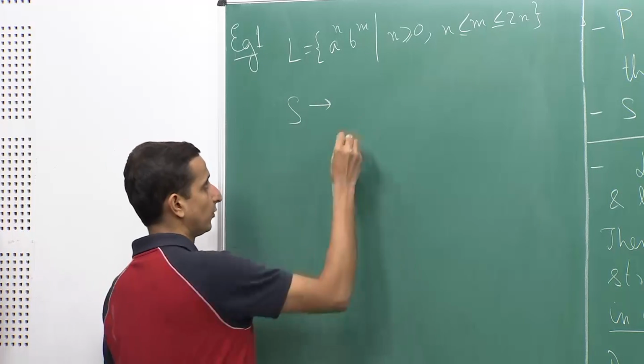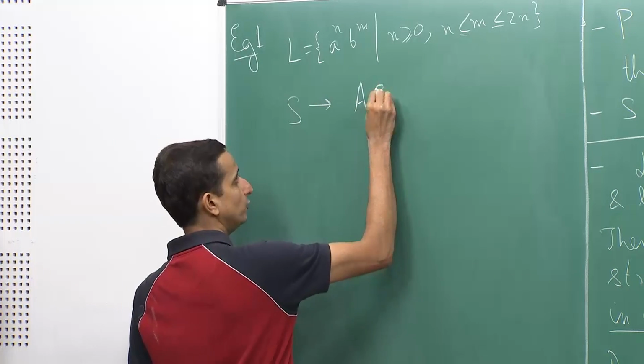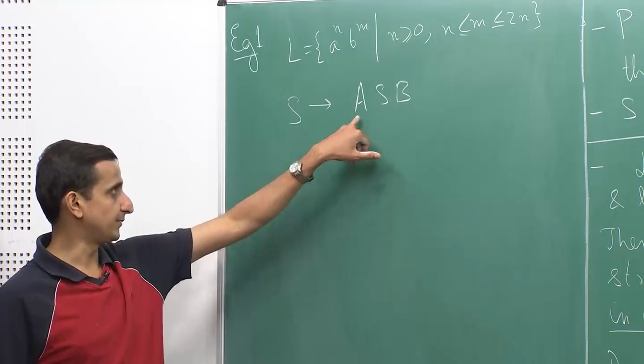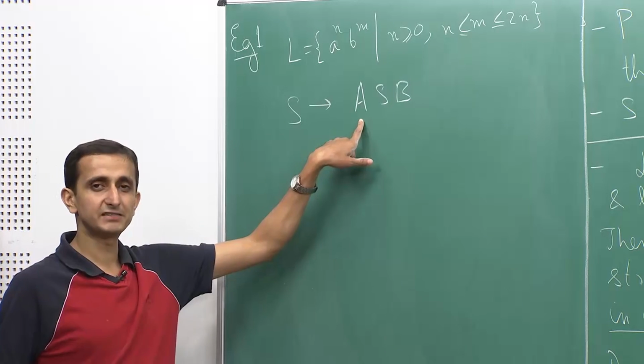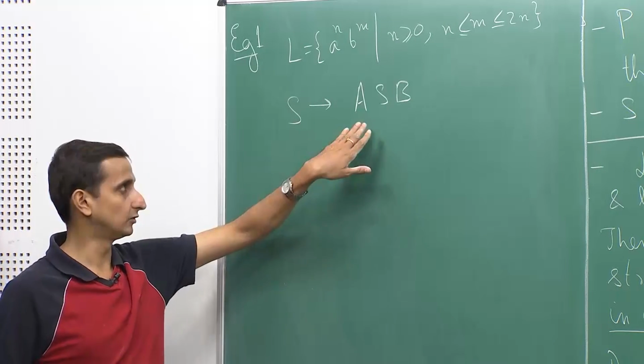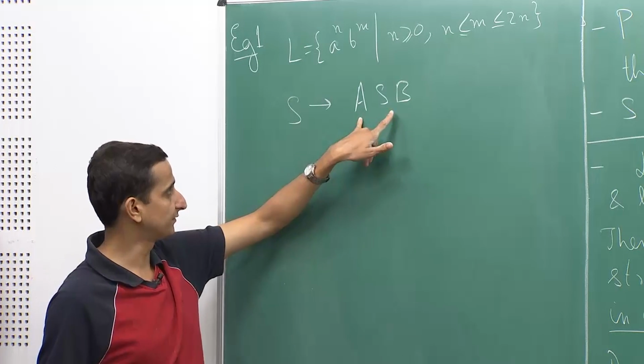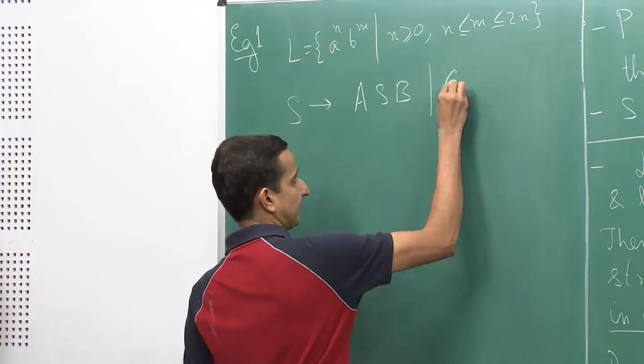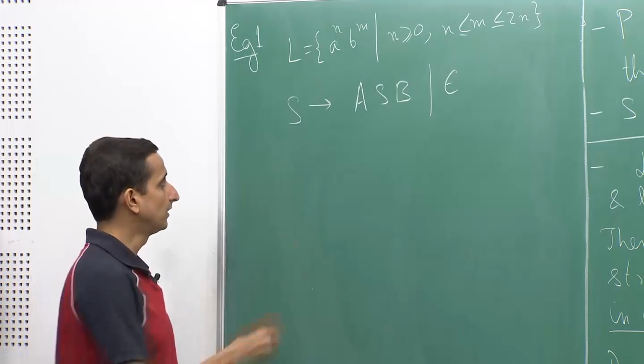Let us say we have a production rule going from S to aSB, or it can go to epsilon as well.